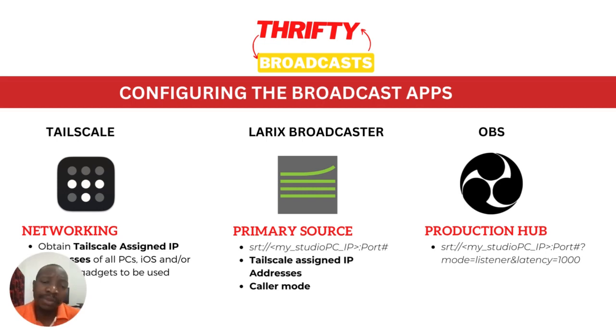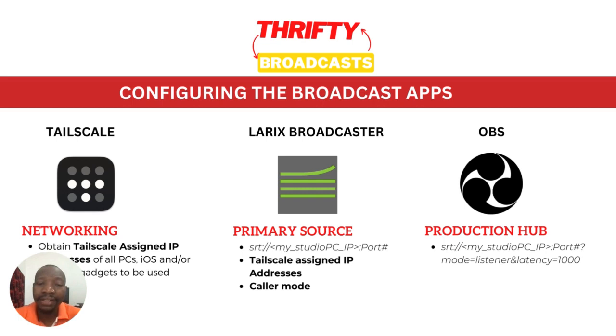Now, in your OBS configuration, you will go to media source, then you will add this same IP address, which will be the IP address of the particular computer that you are using.